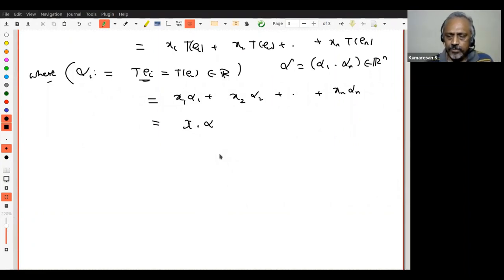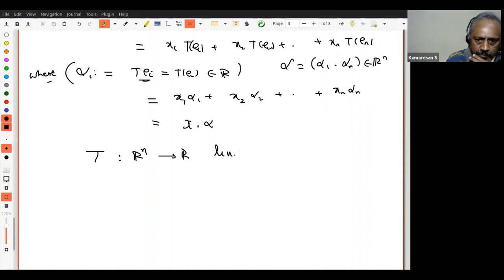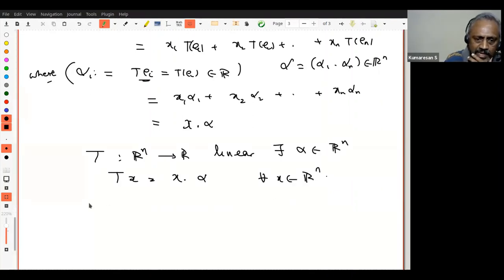So what do you think we have found? We have found that if T is a linear map from Rn to R, there exists a vector alpha in Rn such that T of x equals x dot alpha for every x in Rn. Not only that, this is not simply existence.